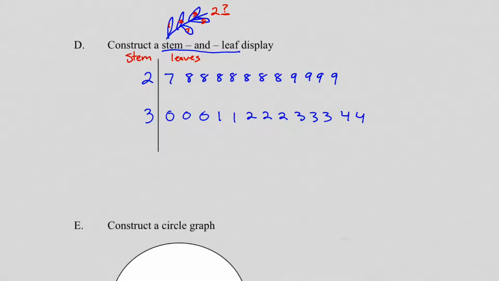And that is a stem and leaf display. It's just another way of looking at the data by not repeating the same digits over and over again, as far as the 20s and the 30s go.